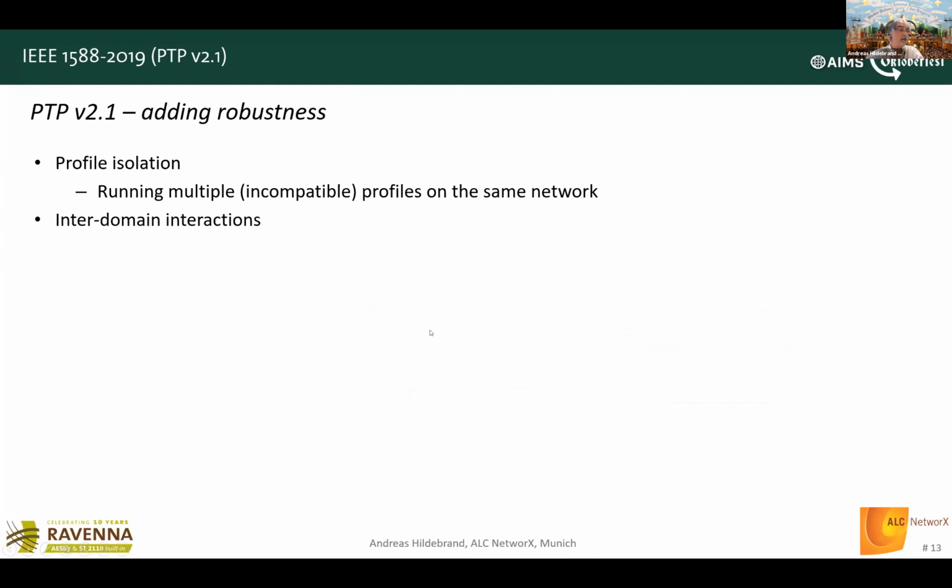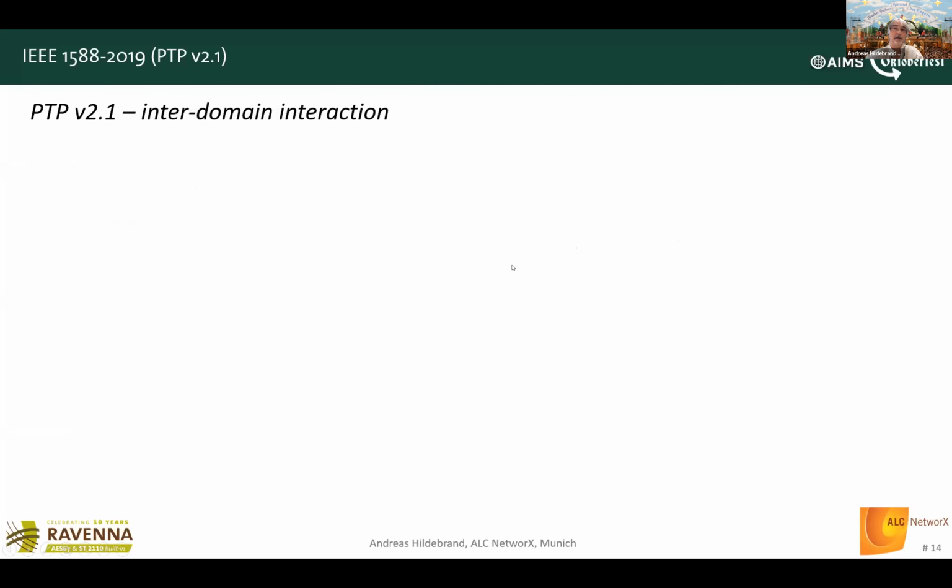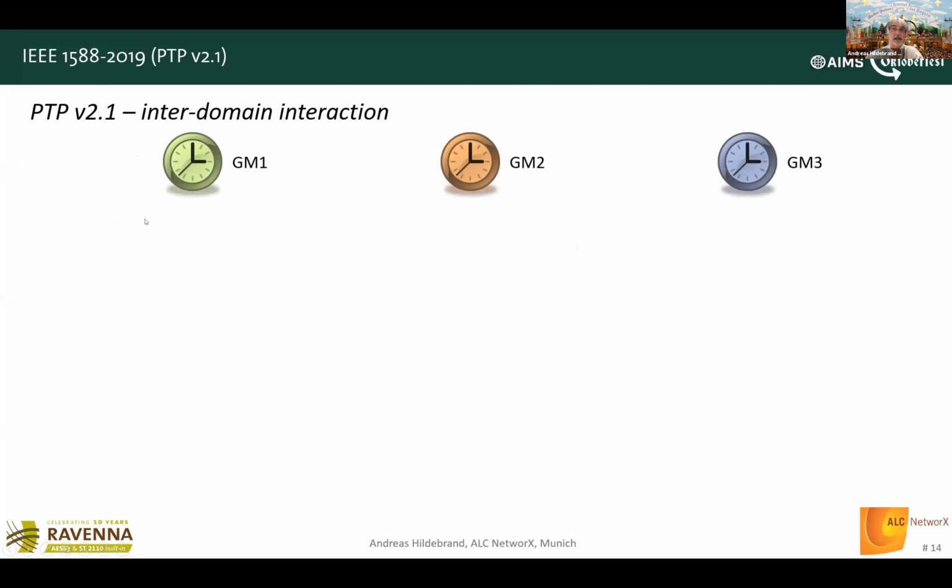Next thing is the interdomain interaction. Running multiple domains on the same network has already been an option, but with the enhanced features of this addition, you can now build slave clocks or ordinary clocks which reside or are being built as multi-domain clocks for receiving information from different grandmasters, basically serving the same time, of course.